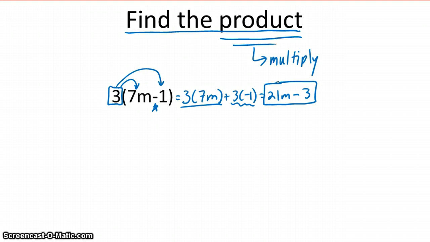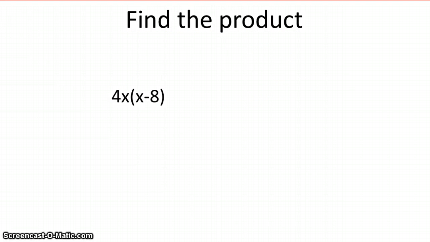Now, as I said, we've done this in the past when doing algebra. Now we're going to continue to build up to where we're going. The next situation we could have is if you still have a monomial, which is just a single term times a binomial. So you can see the monomial here is 4x. Now, if I have a 4x times the rest, I would still take that and distribute it through to both things.